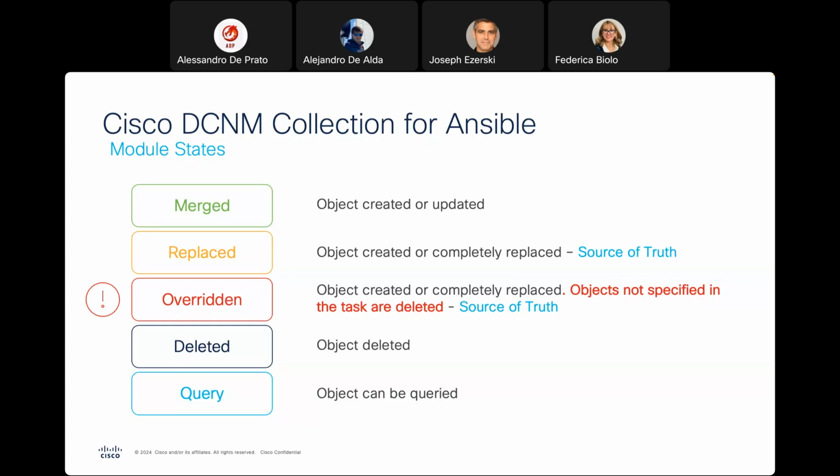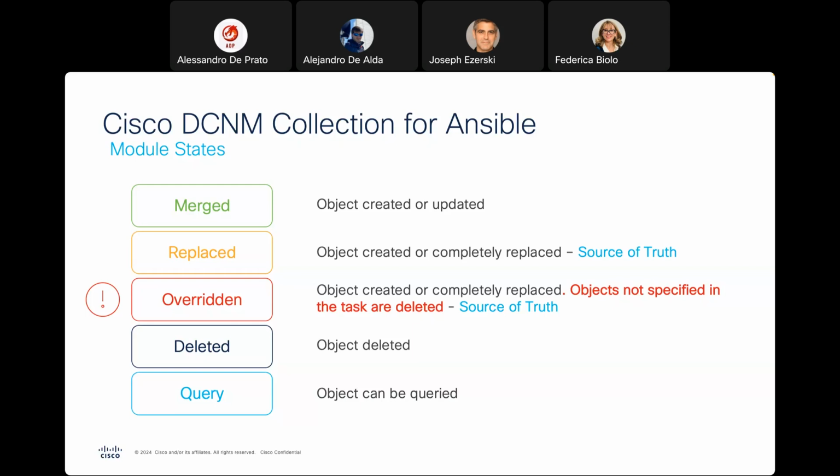The next one is the most dangerous. If I could have an entire slide with a red flag, I would probably do that. Why is that? Because with overridden, we risk deleting everything we have in NDFC which is not specified in the playbook. Example, in my playbook, I have only 2 networks, and I'm using the overridden state.